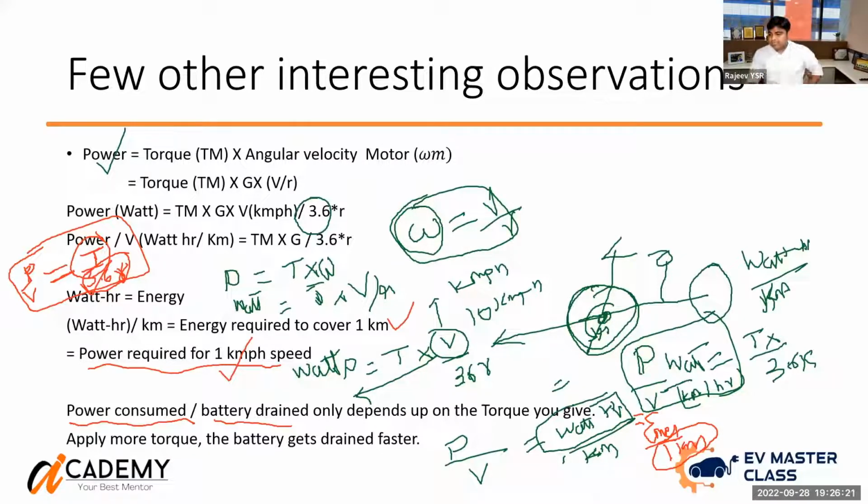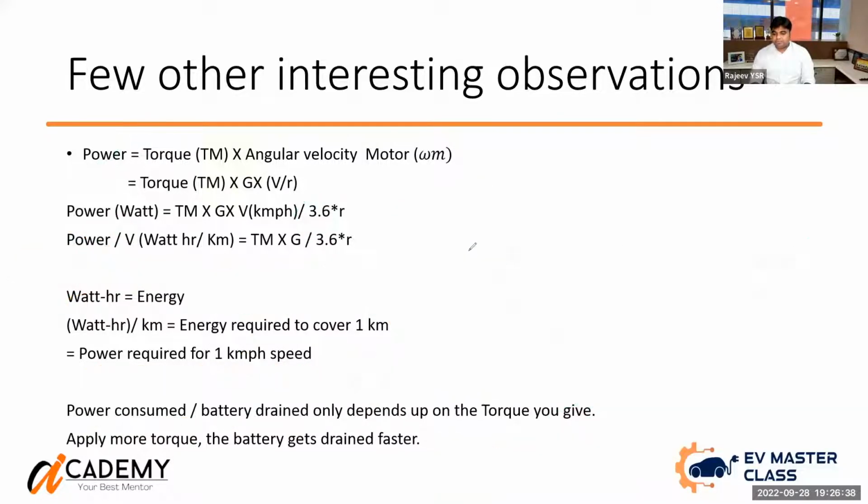Somebody rightly said, yes, again, don't send direct messages to me, my friends. Send it to everybody so that everybody sees: yes, power is proportional to torque, and at a given power, torque is inversely proportional to velocity. You're right. That's what we have seen previously. Shall we continue? Yeah, let's continue.